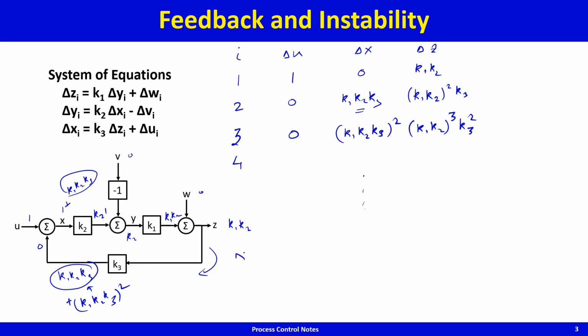After n such instants, delta z, the incremental change in z because of the feedback, is going to be k1 k2 to the power n times k3 to the power n minus 1.